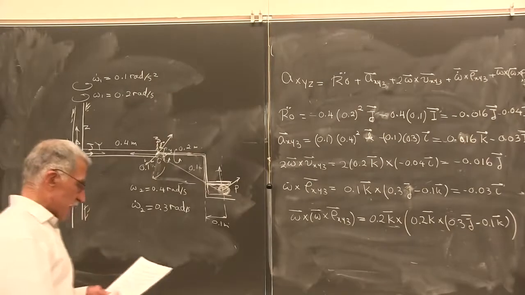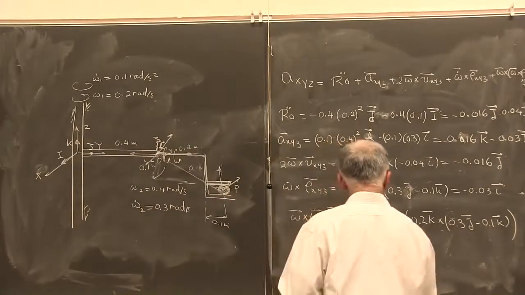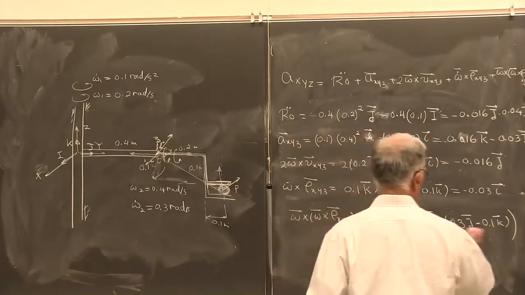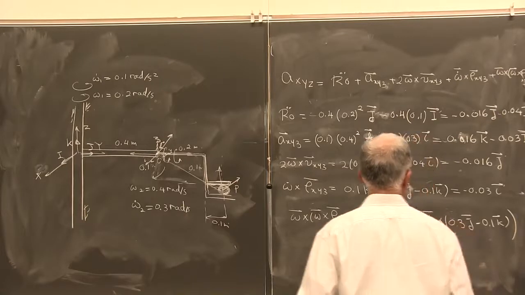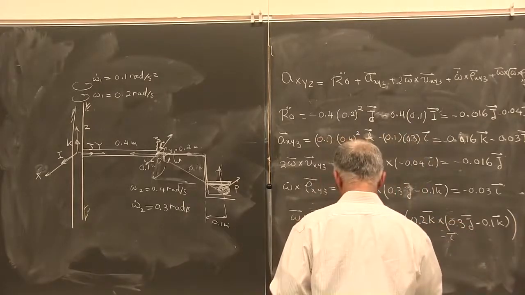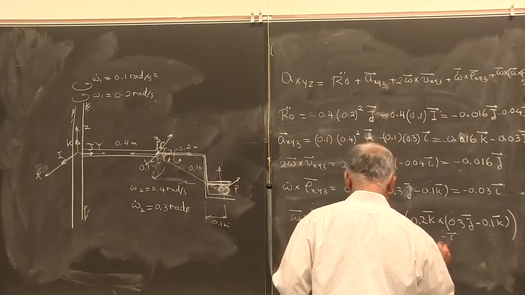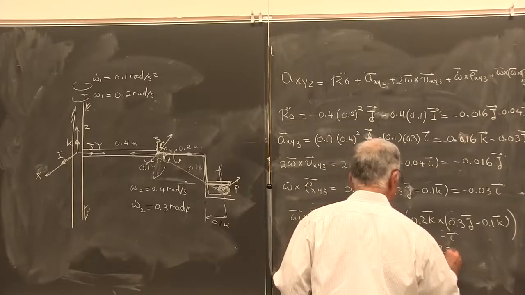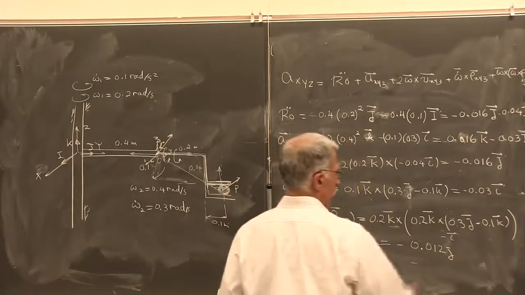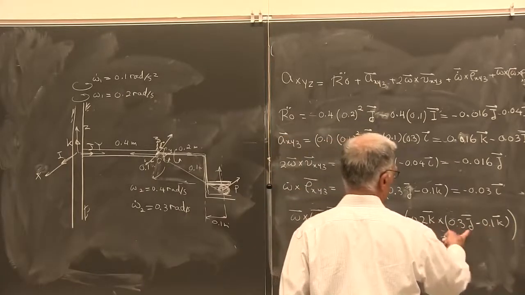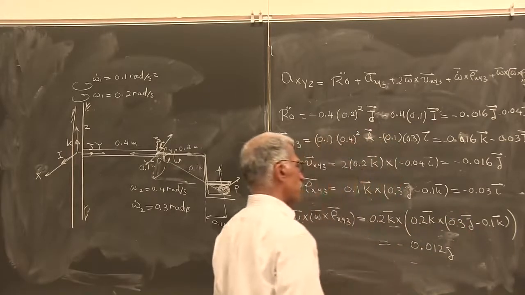If you multiply these things, according to my calculation, this becomes k times k, forget about it. K times j becomes negative I, and k times I becomes j. So this becomes negative 0.012 j. So k times k, forget about it, k times j becomes negative I, and k times I becomes j.